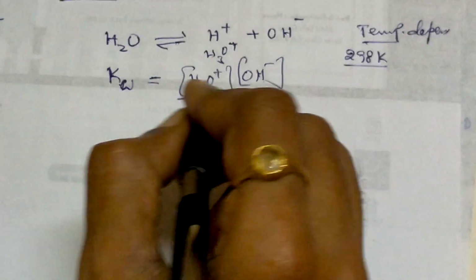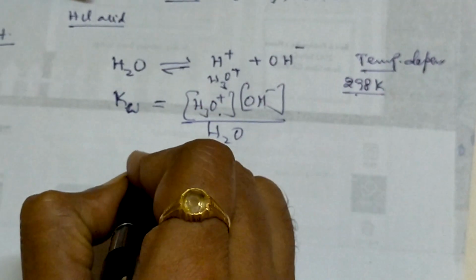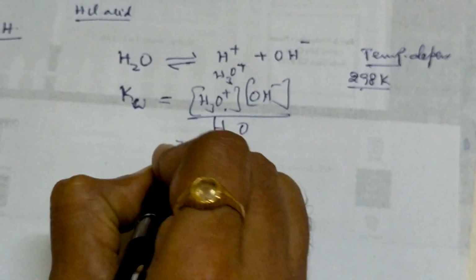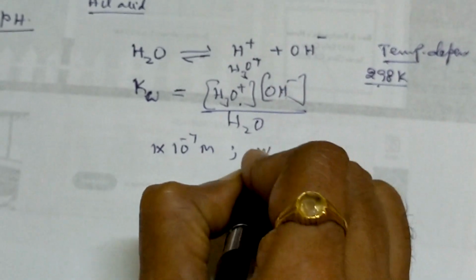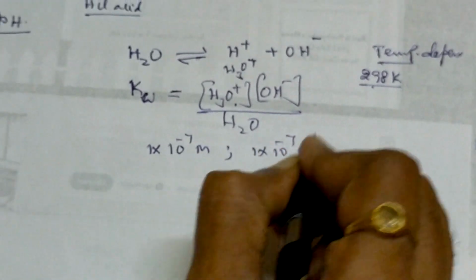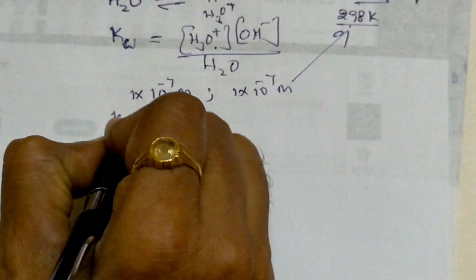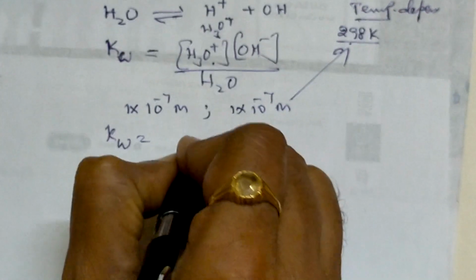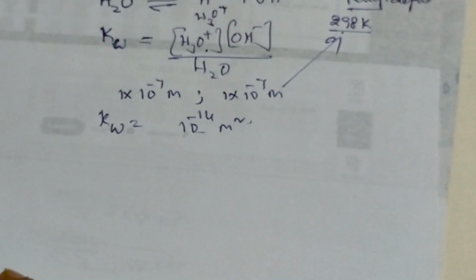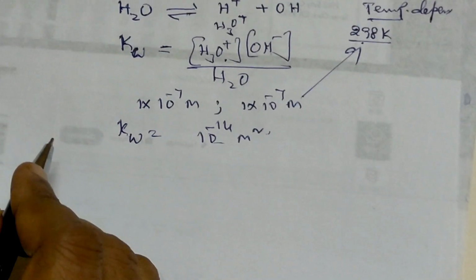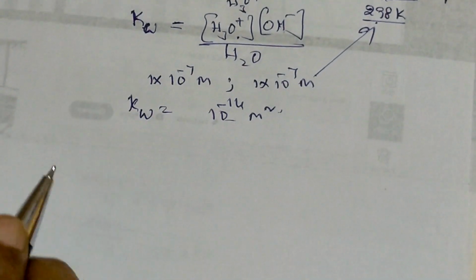Practically, when measured at 298 Kelvin, the H3O plus concentration is 1 into 10 to the power of minus 7 moles, and similarly OH minus is also 1 into 10 to the power of minus 7 moles. That means Kw equals 1 into 10 to the power of minus 14 mole square, at a particular temperature.